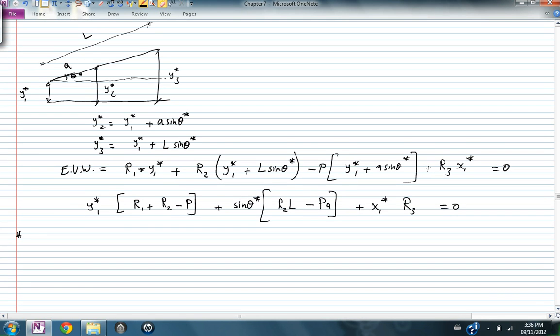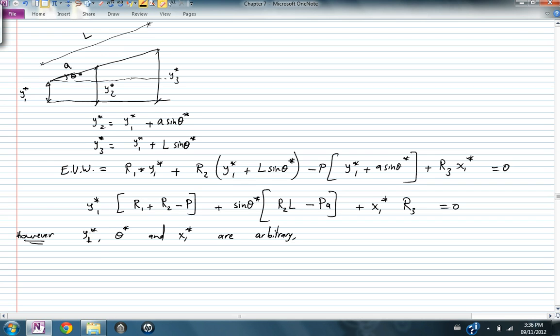However, y1 star, theta star, and x1 star are arbitrary, which means I can choose any values for these.